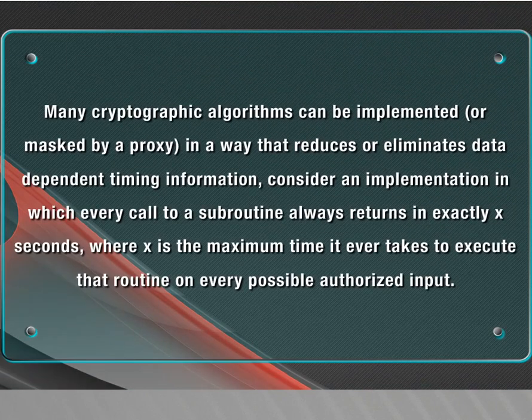Many cryptographic algorithms can be implemented or masked by a proxy in a way that reduces or eliminates data-dependent timing information. Consider an implementation in which every call to a subroutine always returns in exactly x seconds, where x is the maximum time it ever takes to execute that routine on every possible authorized input.